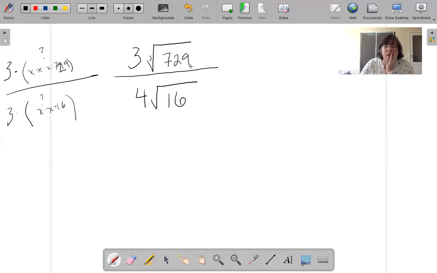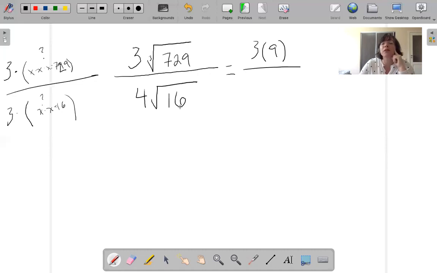Alrighty. The cube root of 729 is 9 because we memorized that. 3 times 9.